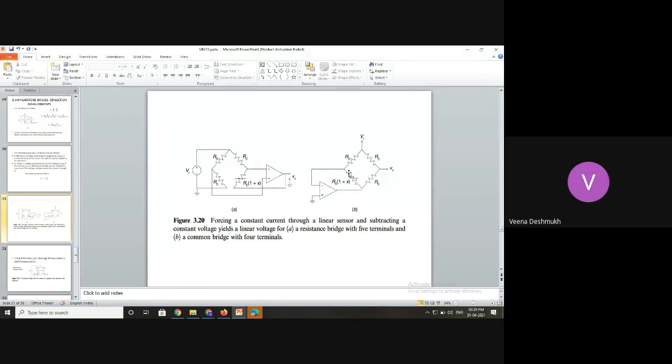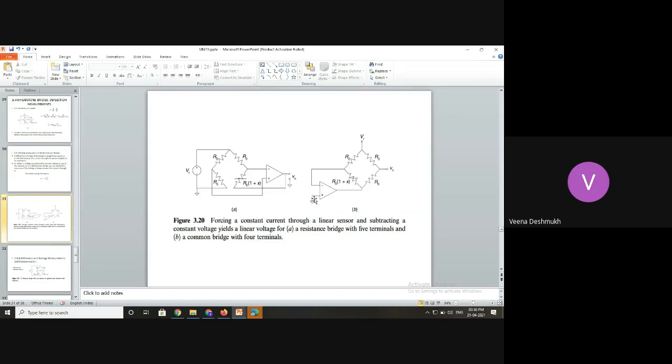Now a slightly modified circuit is this, where in the feedback path this sensor is connected and the non-inverting terminal is grounded. That means basically this is in the inverting mode, where the feedback resistance is nothing but your sensor resistance, and the other part is connected to here. You can see here this is kept hanging, and we have seen earlier also the virtual ground concept.